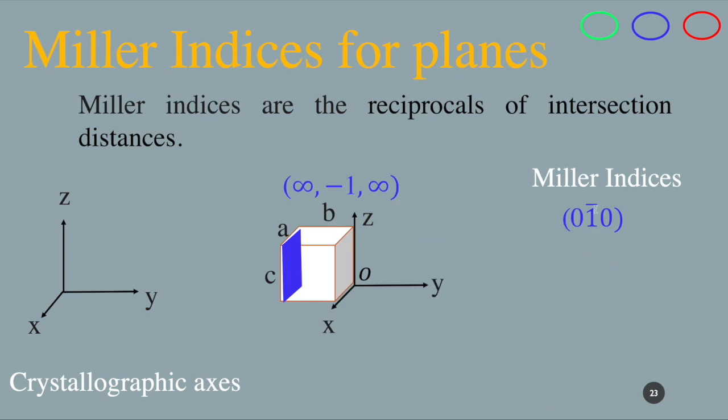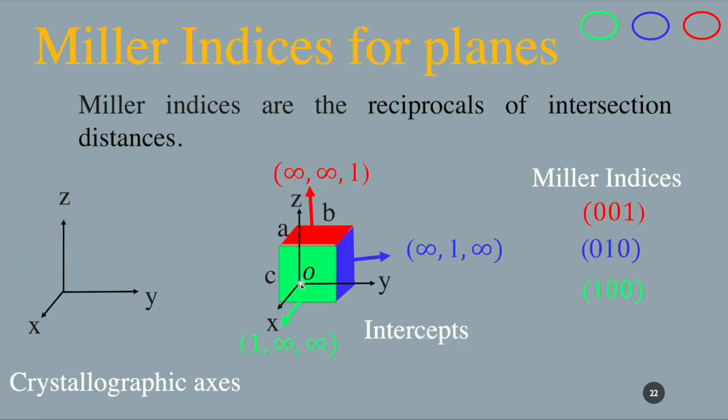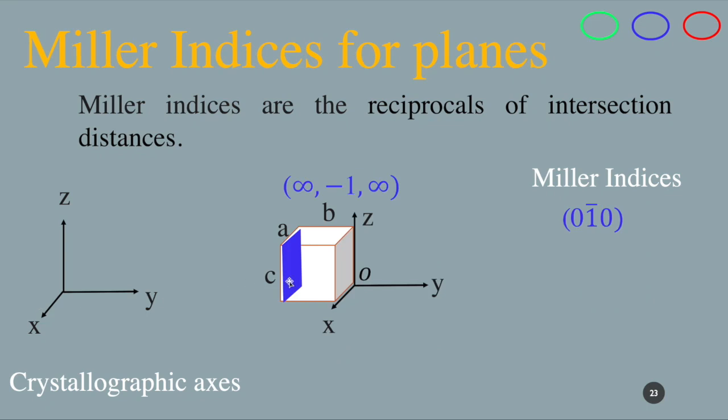We can also have negative bars in the plane. If you remember, in the beginning we had the origin here and imagined the crystallographic axes x, y, and z there. We can move the axes, because crystallographic axes are arbitrary. If we move this origin here, the blue plane now has no intercept in the x or z direction, but it has an intercept in the y direction on the negative side, -1.